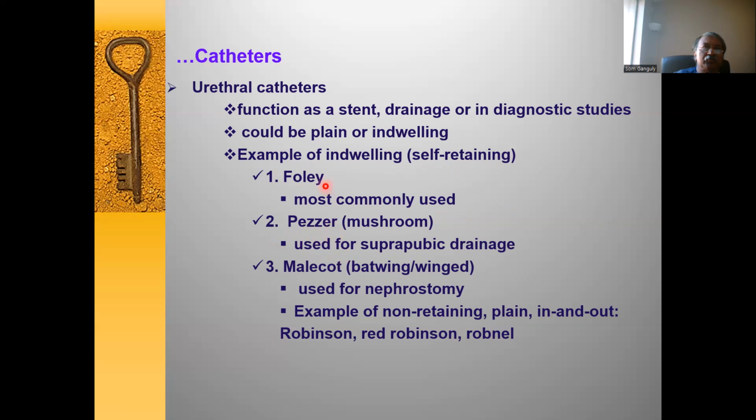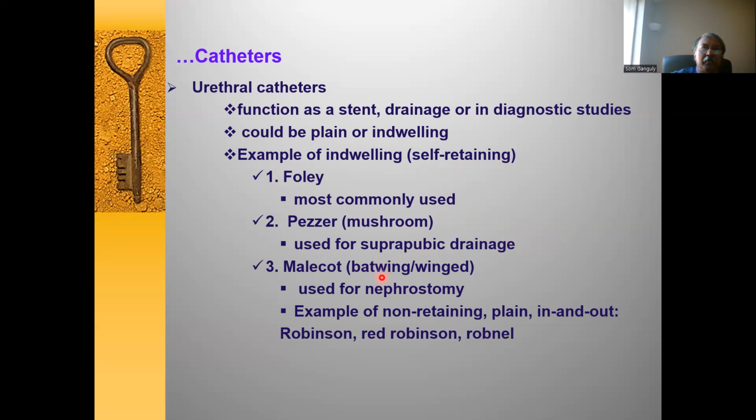It's used not through the urethra. You have to make a separate incision through the skin, on top of the pubic bone, that is why it's called suprapubic, to drain the bladder after prostate surgery most of the time, or other urinary bladder surgery.